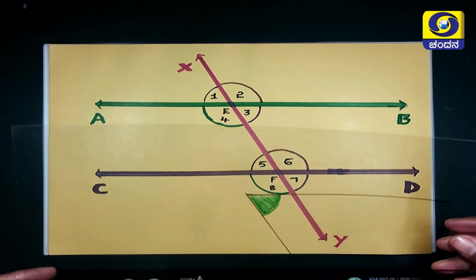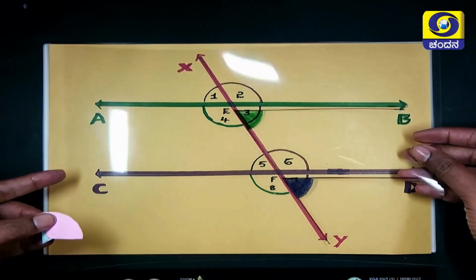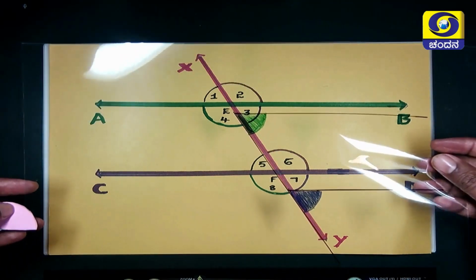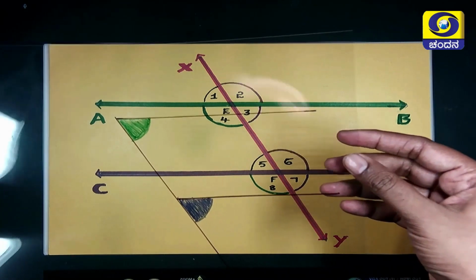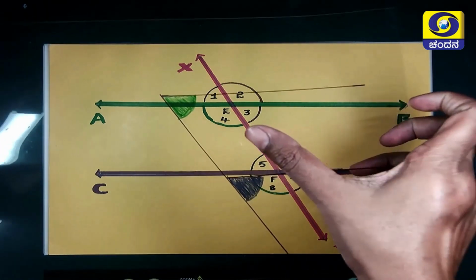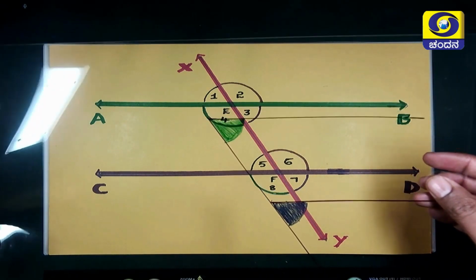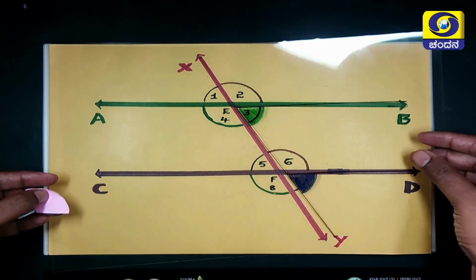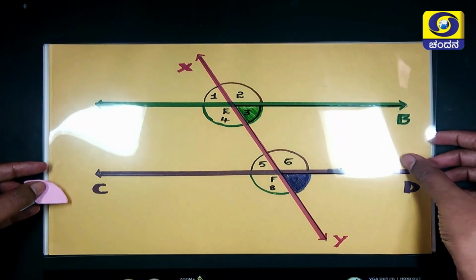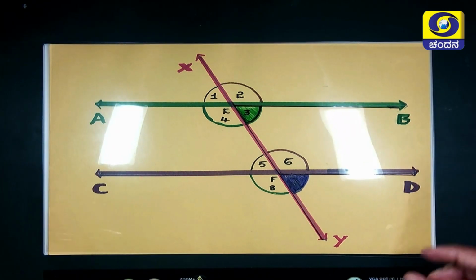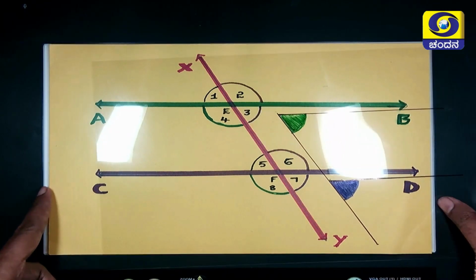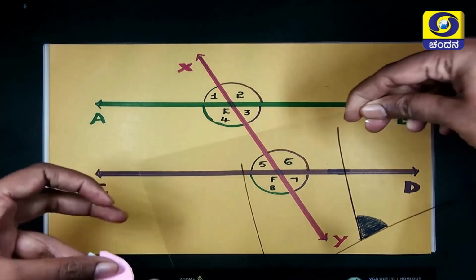Observe, angle 3 and 7 form the English alphabet F shape. These lie on the same side of the transversal. The F-shaped angles are called as corresponding angles. This F may be like this.